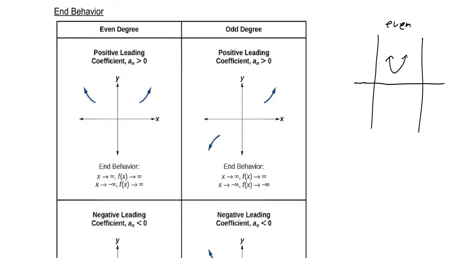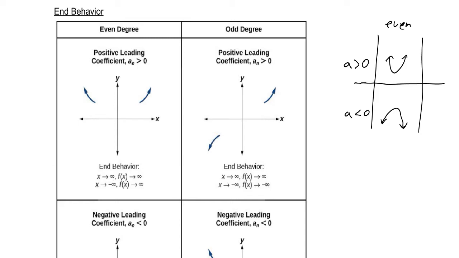Even degrees look like a quadratic that opens up or down. I'm just looking at the ends here. Okay, opening up, we know that that's the case when the a term, the leading coefficient, is positive. We know that it opens down whenever the leading coefficient is negative.